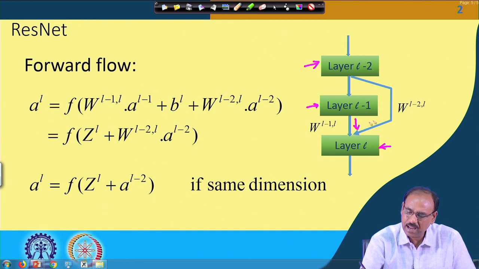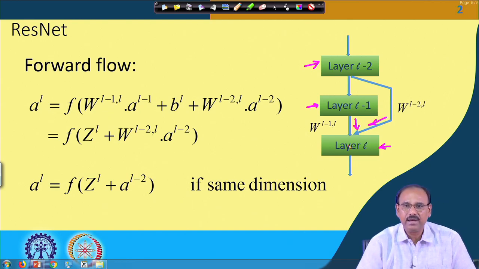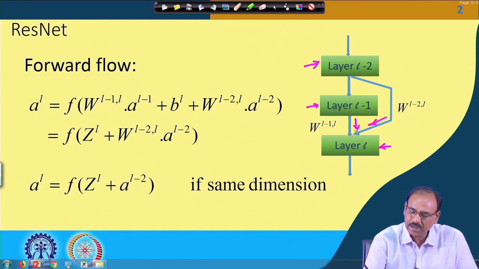This activation and this activation are added together, and that gives the input to layer L. And the output of layer L will be a nonlinear function of this total input.